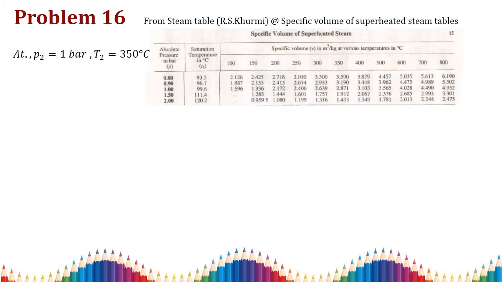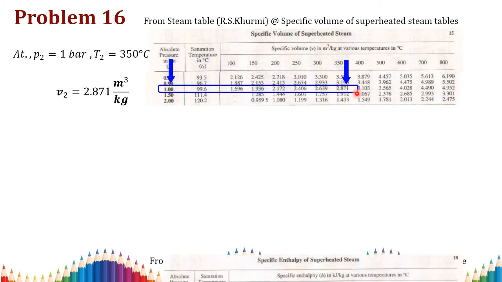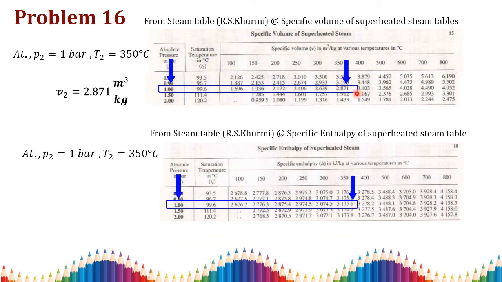Again you go to the superheated steam table at the pressure of 1 bar and temperature equal to 350 degrees Celsius. You can take V2 equal to 2.871 meter cube per kilogram. In a similar way, from the superheated steam table at 1 bar and T2 equal to 350 degrees Celsius, you can take H2 equal to 3175.6 kilojoule per kilogram.